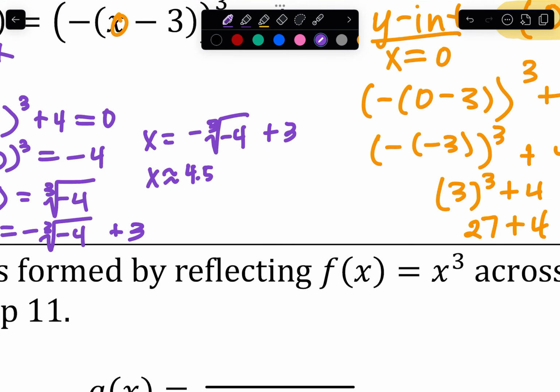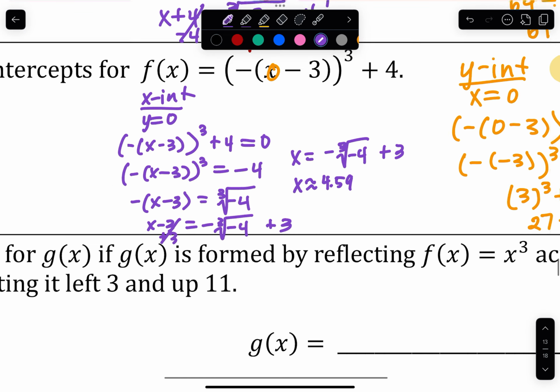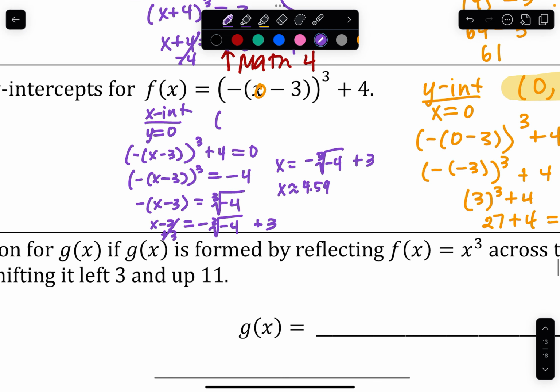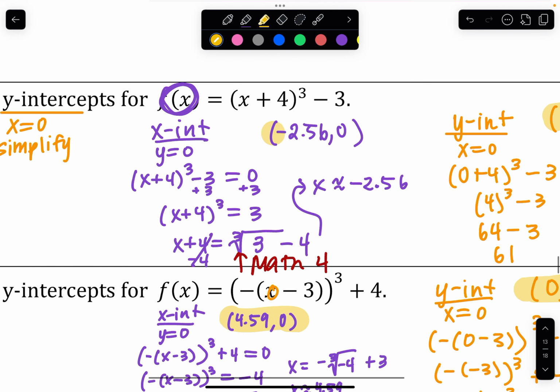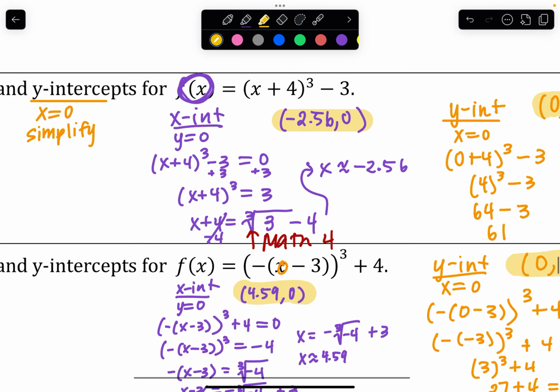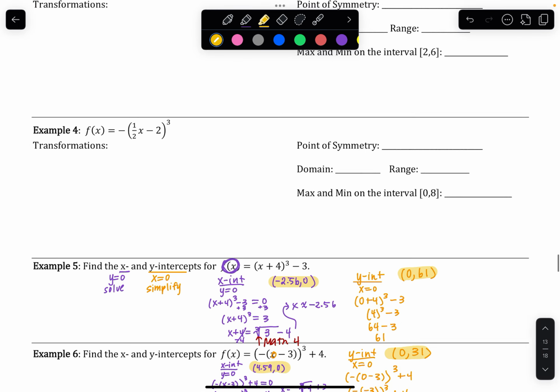I usually keep 2. It'll be specific what to keep if you're using a calculator. And so as an ordered pair, it would be 4.59, comma 0. Okay, and so that's how you find x and y intercepts.